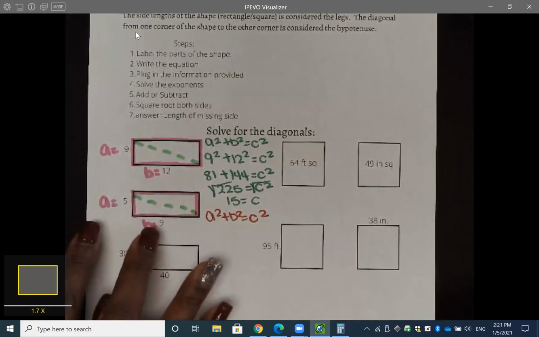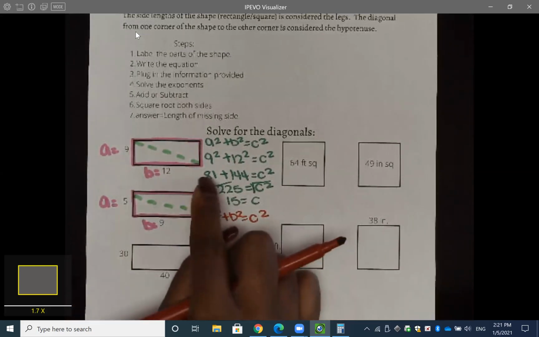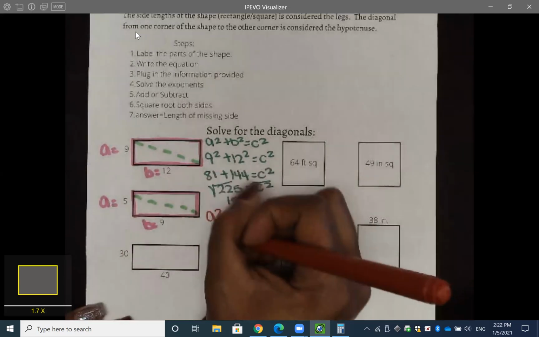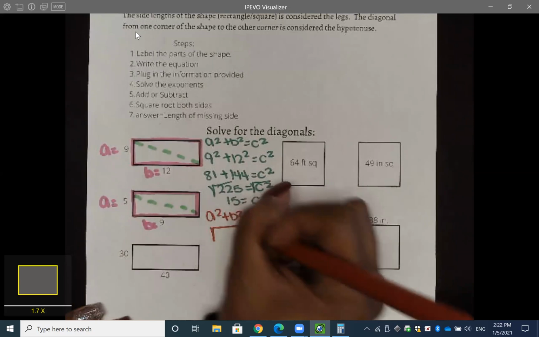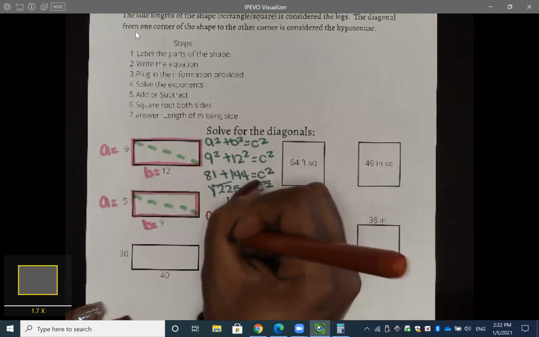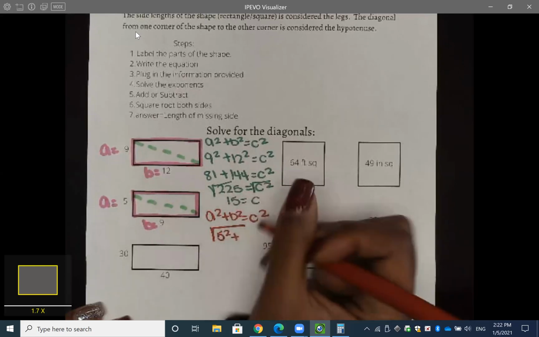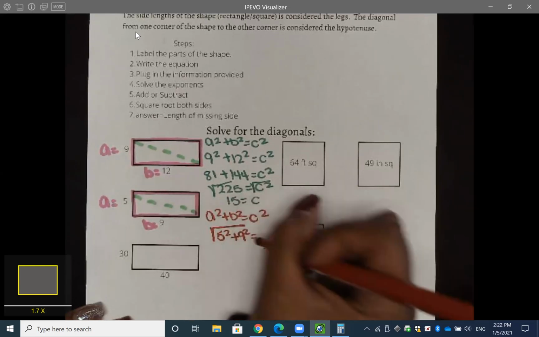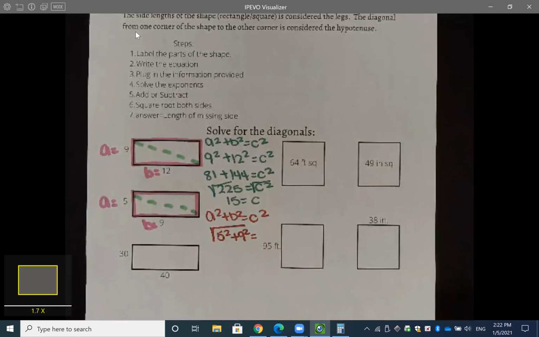Since I know my two legs, I know that I am adding them up and taking the square root of it. So I'm going to take the square root of A squared, which is 5 squared, plus B squared, which is 9 squared, and that's going to give me my answer.